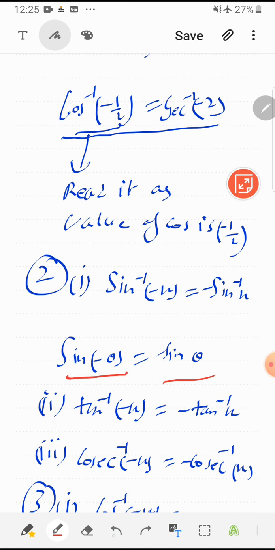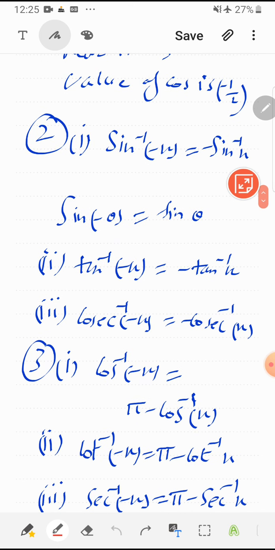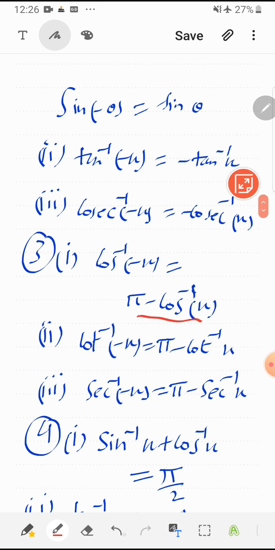The same is the message in trigonometry and in inverse trigonometry: negative angle, negative value. So sine inverse minus x is just minus sine inverse x. The same is the case for tan inverse and cosecant inverse. But when the principal value is not negative, that means cos inverse, cot inverse and secant inverse, then a negative value means pi minus cos inverse x, pi minus cot inverse x, and pi minus secant inverse x.